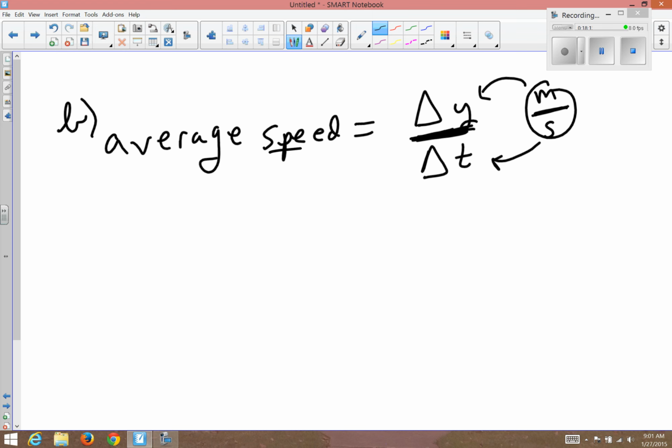Meters per second is one way to measure speed. A lot of other ways, like miles per hour, feet per second. And in this problem, y is measured in meters, so delta y, or change in y, is the numerator, and t is measuring seconds, so delta t is the denominator. So we end up with meters per second for average speed.